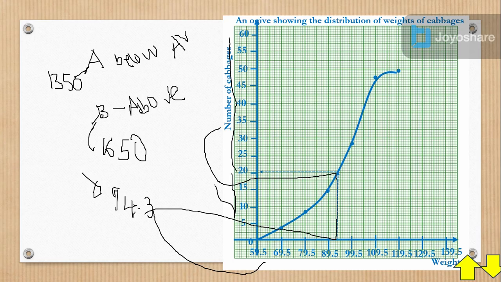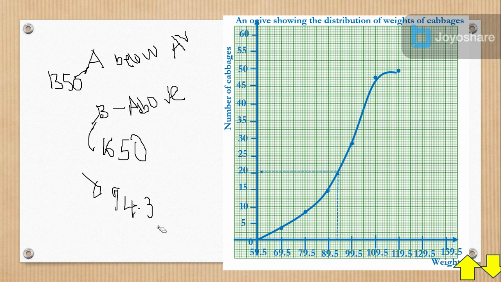In fact, let me remove some of this. Okay, good.